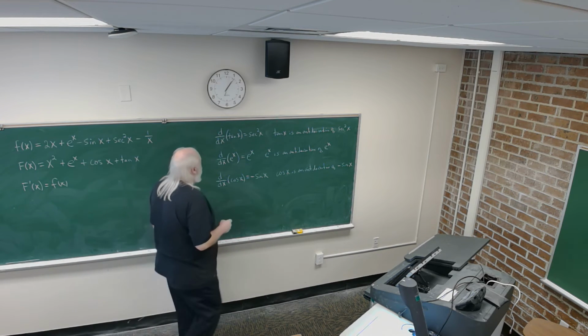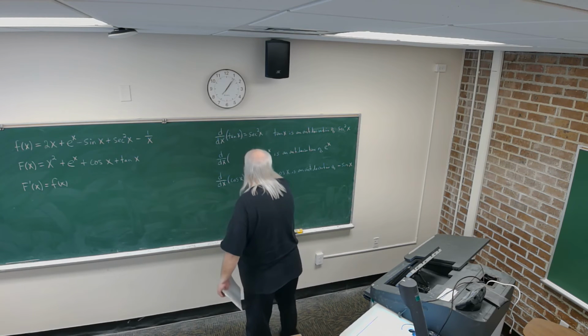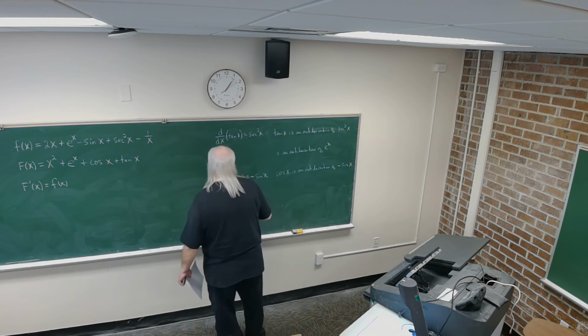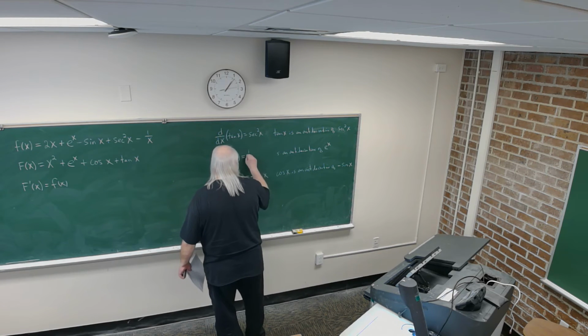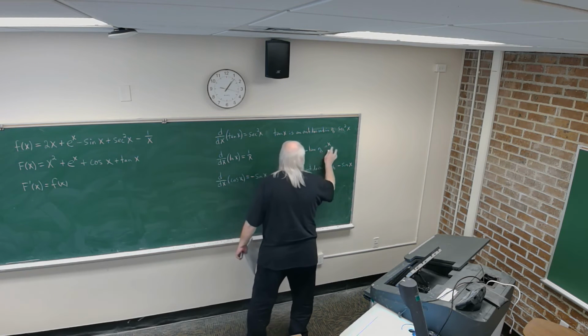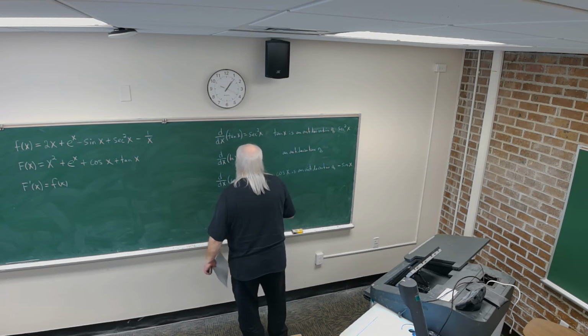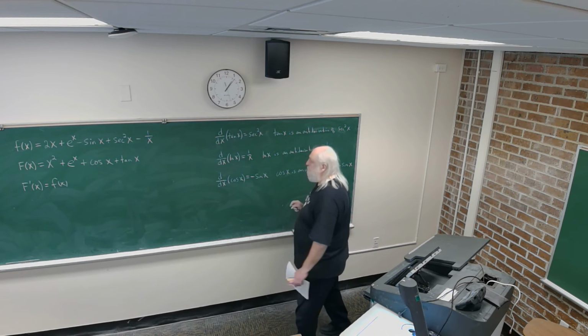The derivative of what is equal to 1 over x? Natural log of x. So the derivative of the natural log of x with respect to x is equal to 1 over x. So the natural log of x is an antiderivative of 1 over x.